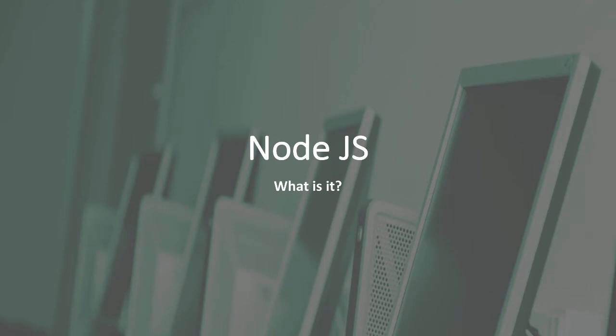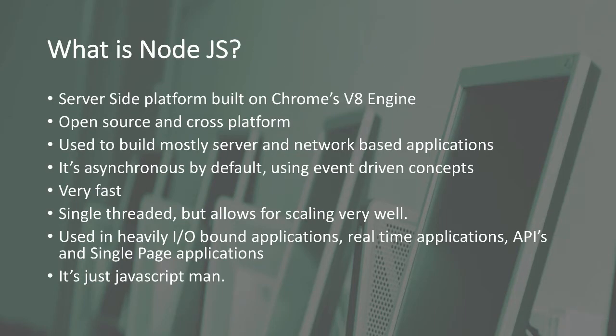In this video I want to talk a little bit about what Node.js is and what it's basically used for, and this other thing called the V8 engine that Node sits on top of. So what is Node.js? It's basically a server-side platform that's built on Chrome's V8 engine.